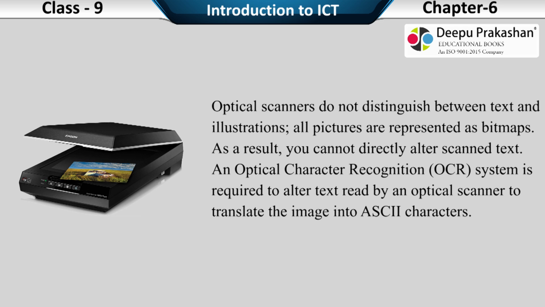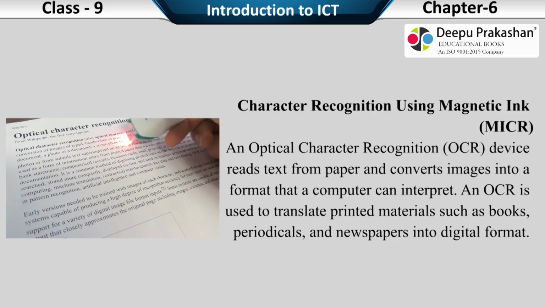As a result, you cannot directly alter scanned text. An optical character recognition (OCR) system is required to alter text read by an optical scanner to translate the image into ASCII characters. Character recognition using magnetic ink, MICR. An optical character recognition (OCR) device reads text from paper and converts images into a format that a computer can interpret.